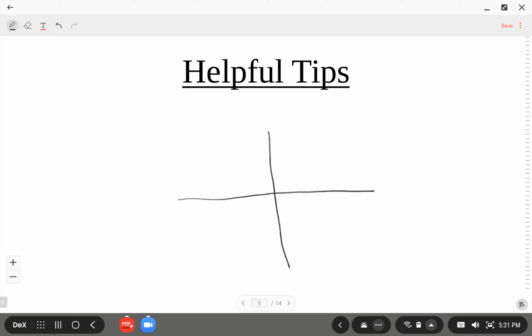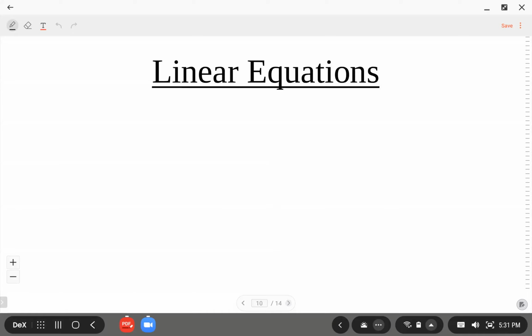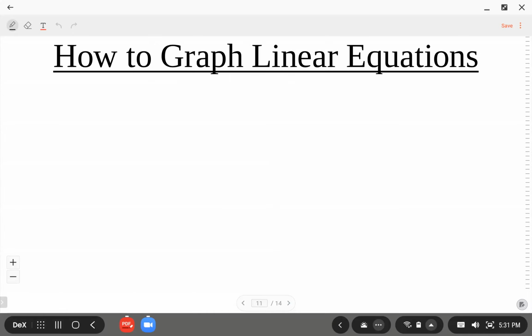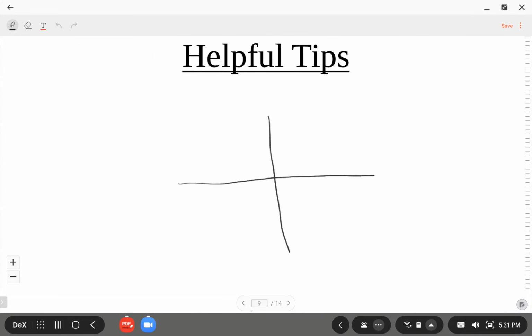And yes, you did learn this. But last time we weren't graphing linear equations. We were graphing inequalities. And in this 7th grade class, we'll work more with graphing these linear equations. 6th grade, graphing the inequalities, was just an introduction to this.